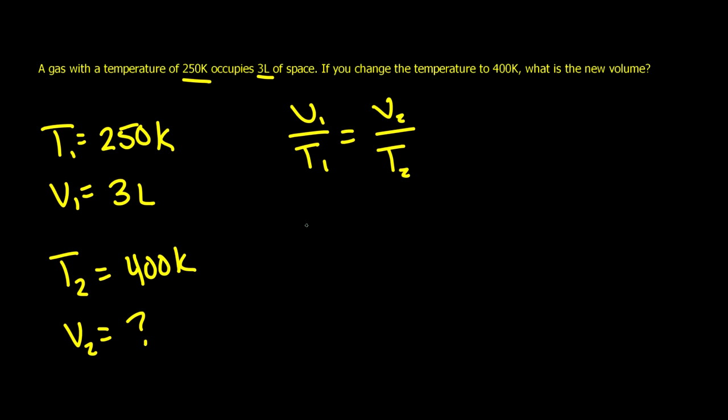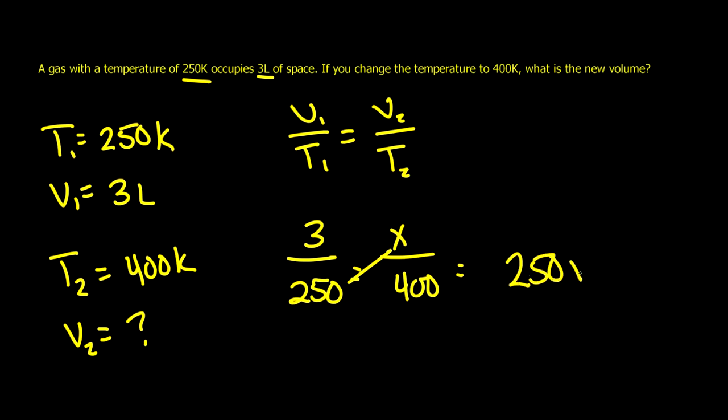Volume 1 is 3 over 250. Volume 2 is X over 400. Cross multiply. 250 times X is 250X. 3 times 400 is 1200.